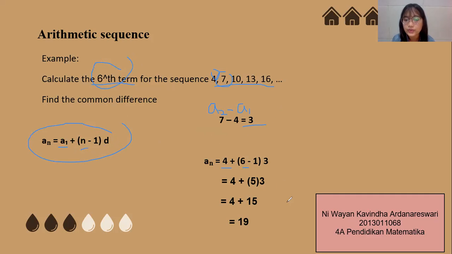We searched it before, we got 3. So a sub n is equal to 4 plus 6 minus 1 times 3, or 4 plus 5 times 3, is equal to 4 plus 15 is equal to 19. So the sixth term for the sequence 4, 7, 10, 13, 16 is 19.